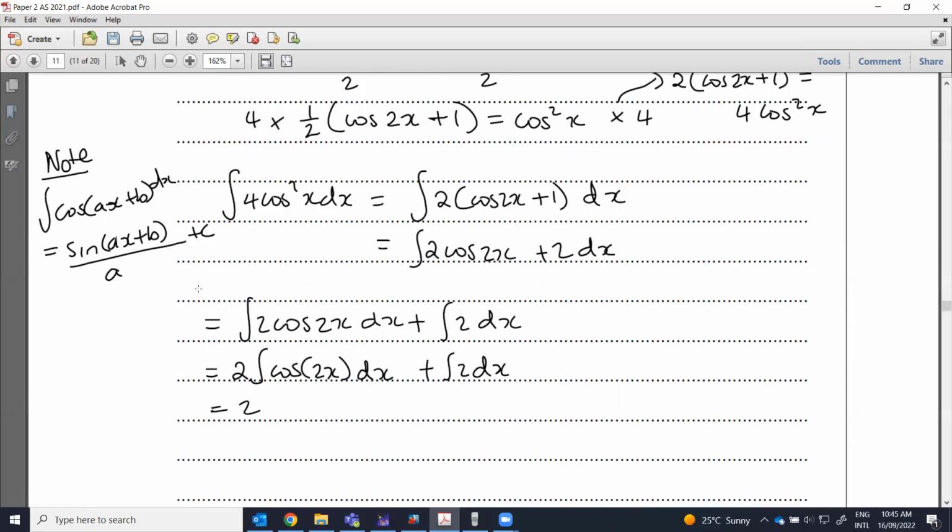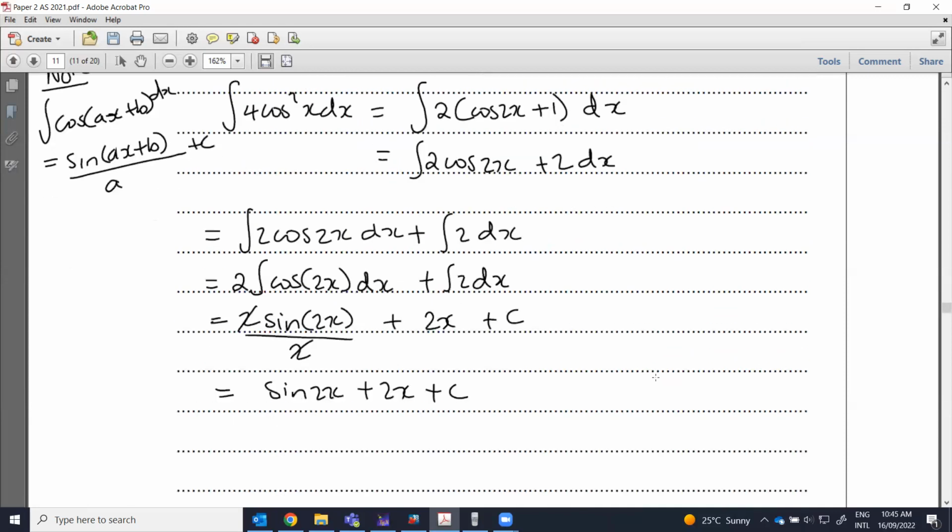Following this method here, my a is 2 and my b is 0. This is sine of 2x, and then I divide by the coefficient, that's 2 there. And then the integral of 2 is just 2x. Then add your constant of integration. Simplify this as far as possible. See that the 2s cancel. So I have sine 2x plus 2x plus c. That is my integral.